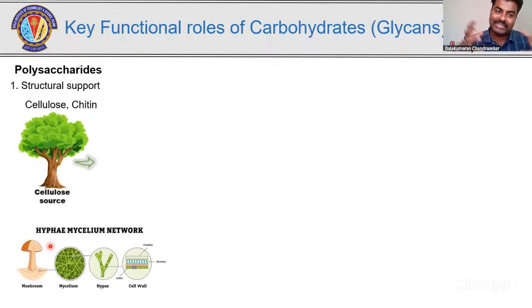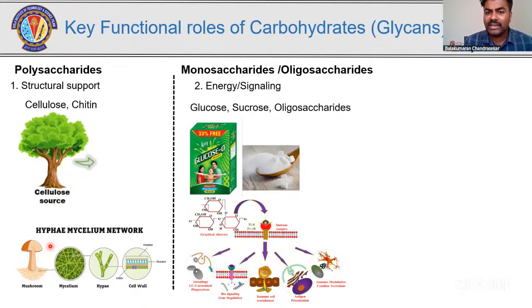They provide structural support to these biological systems, either in the plant or in the fungal system. Monosaccharides are the monomeric form of a carbohydrate, and oligosaccharides are the short chains of carbohydrates which are linked together. They also have important functions. For example, monosaccharides and oligosaccharides have been shown to be involved in energy or in signaling processes.